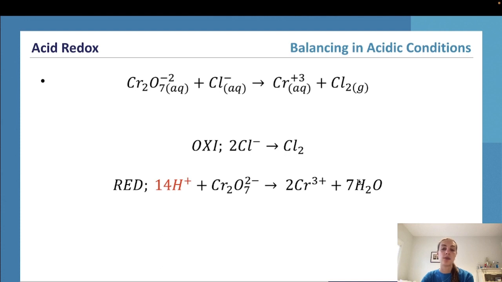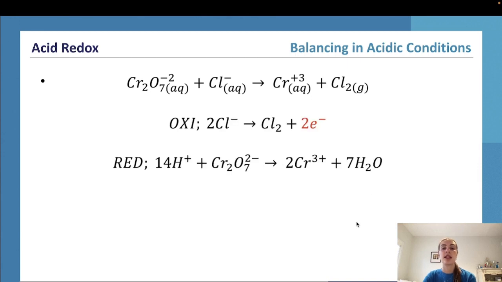So we need to get 14 on the reactant side so both sides are balanced. We can add 14 hydrogens to the reactant side in the form of H+, or hydrogen ions. So we say we've got 14 H+ on the reactant side, and 14 hydrogens on both sides of the reaction.